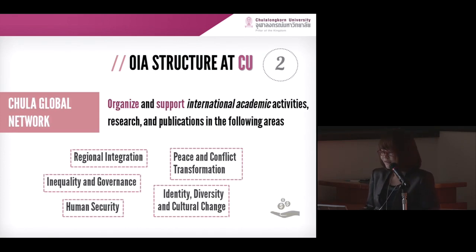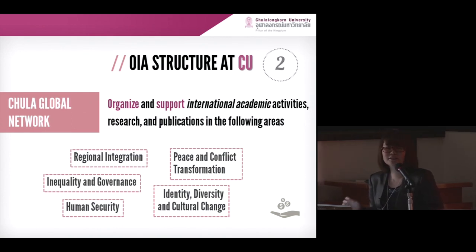The second division is the Chula Global Network. Originally, they were an independent office, but due to the university reorganization, they were merged with the Office of International Affairs a few years ago. Hence the name, the Office of International Affairs and Global Network. We call them by the abbreviation CGN.